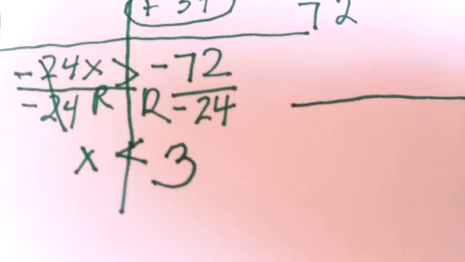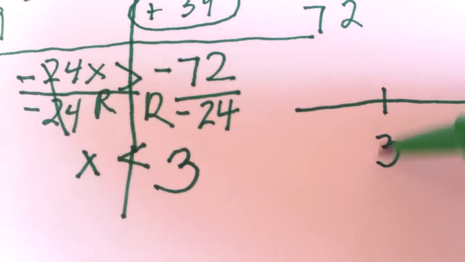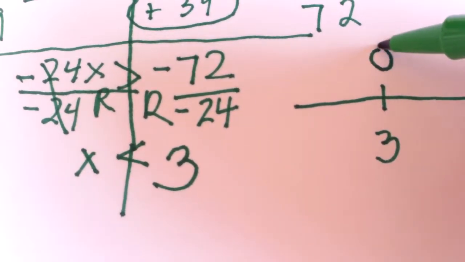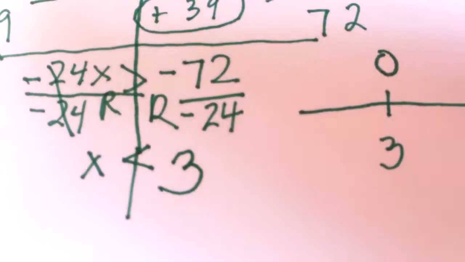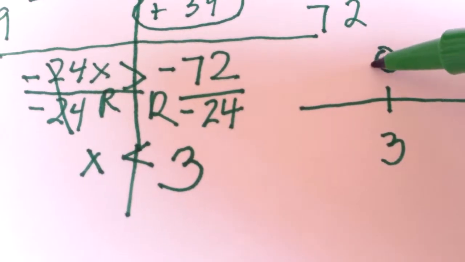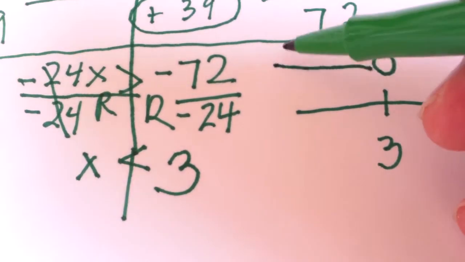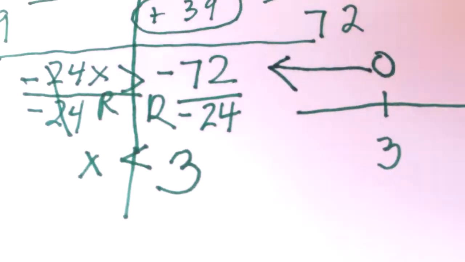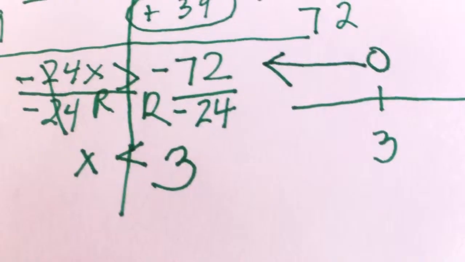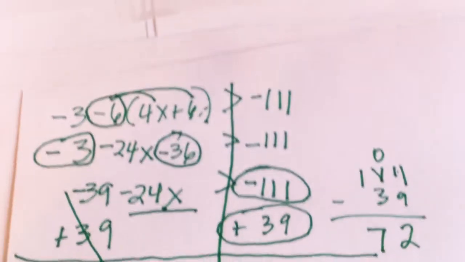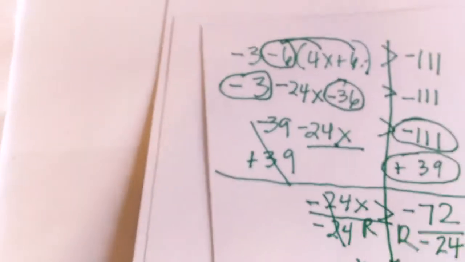So when I graph it, I start at 3. It's an open dot because x cannot be equal to 3. It can only be less than 3. And since my variable is on the left-hand side and less than goes this way, that's what my solution looks like. Great. Okay, that was number 6.